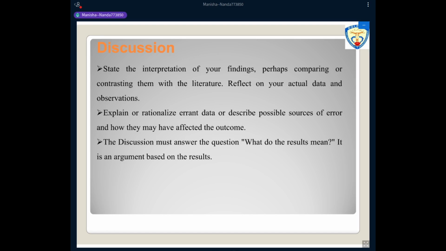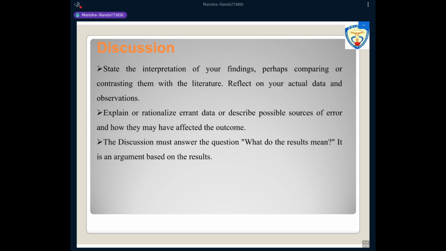Now state the interpretation of your findings, perhaps comparing or contrasting them with the literature. Reflect on your actual data and observations. You should give very general statements in discussion, right? You should always prepare your discussion according to what results you have got, and then you can always mention whether they support whatever findings you have mentioned in your literature review or they contradict that.